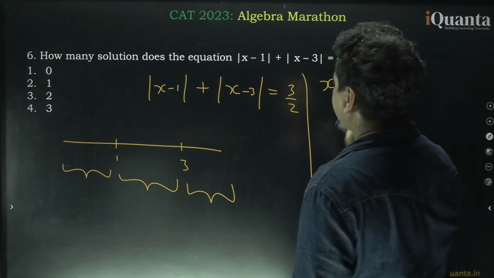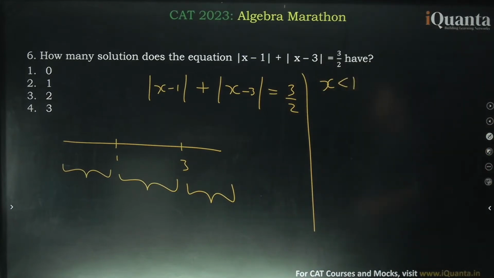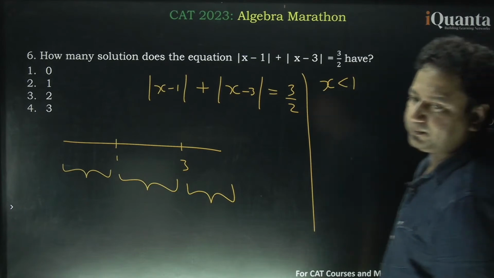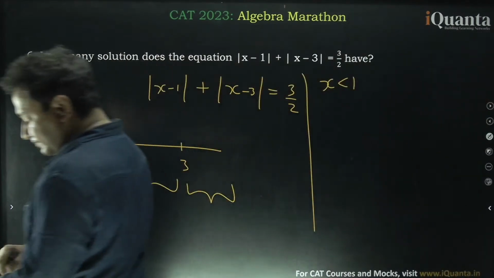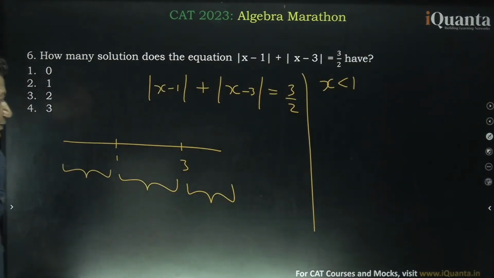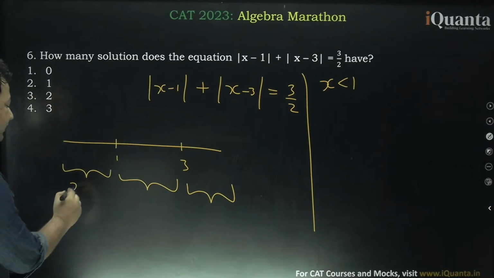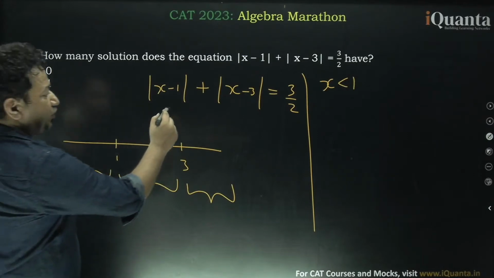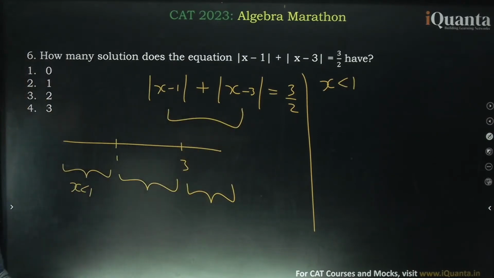Right? So let us look at the behavior of this equation in these 3 intervals. If we take this first interval when x is less than 1, then both these elements will be what?